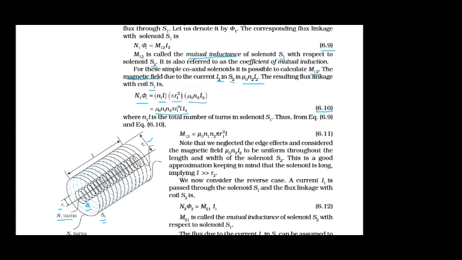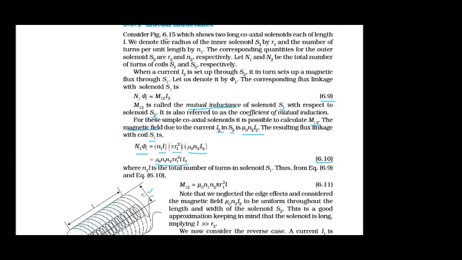Now again let us see this equation. When I2 is set up through the S2 coil, it in turn sets up a magnetic flux through S1, denoted by phi 1.